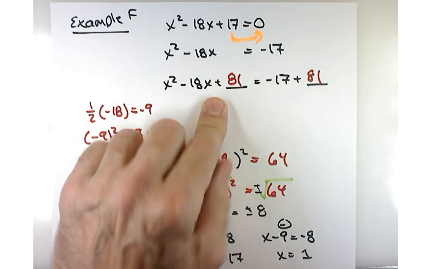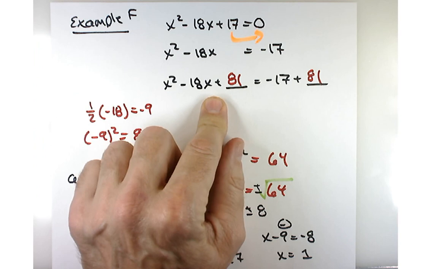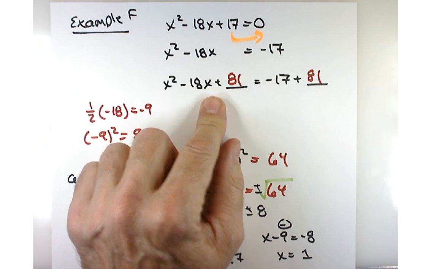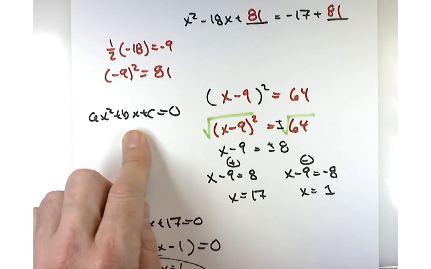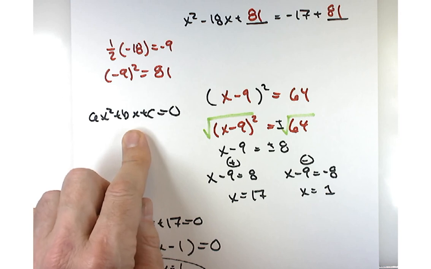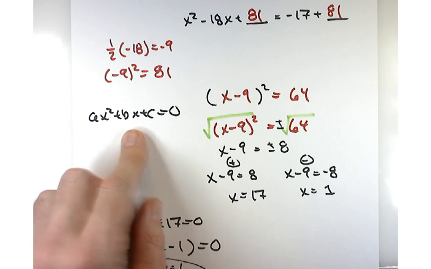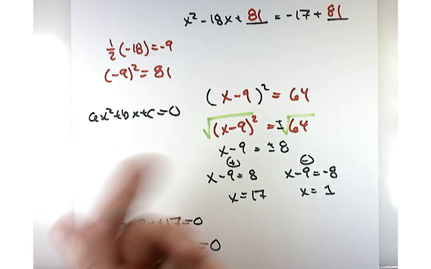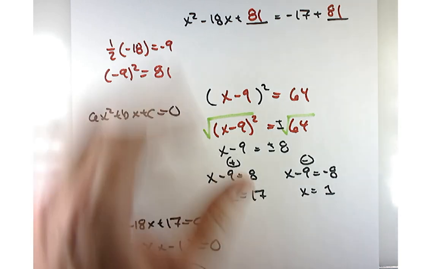When you do your WebAssign homework, it's likely to say solve this by completing the square. I mean, if you have to, you have to. But by the time you get around to doing your homework, we're going to learn the quadratic formula for solving these things. I would just use the quadratic formula to solve it if it's not something that factors.